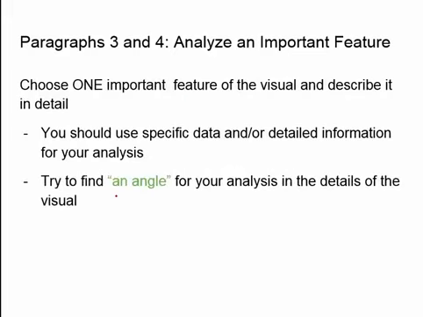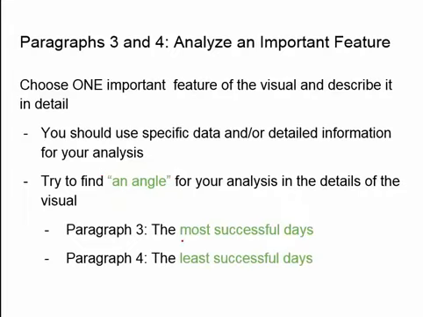My advice is to find an angle. An angle is a perspective on the data that is interesting to you. For our example visual, one way you could get an angle would be to look at the most successful days for each company and the least successful days for each company. And that could be my angle.